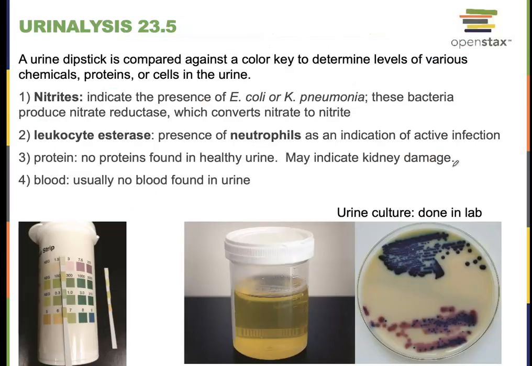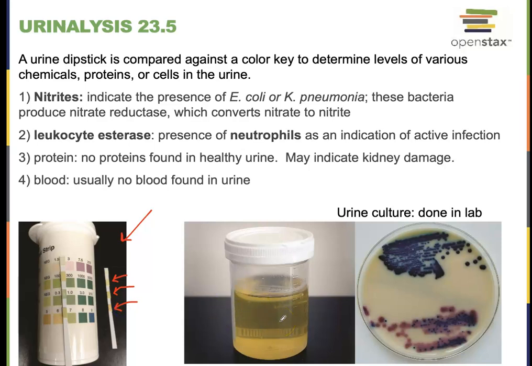To diagnose a UTI, it is usually with a dipstick. So a urine dipstick, it looks like this. You give a urine sample, they put in the stick, and it has different chemical analysis areas here. They'll change color based on what's inside your urine.